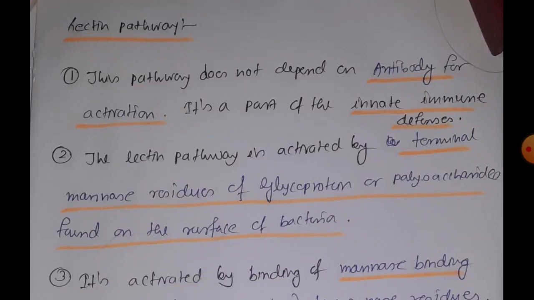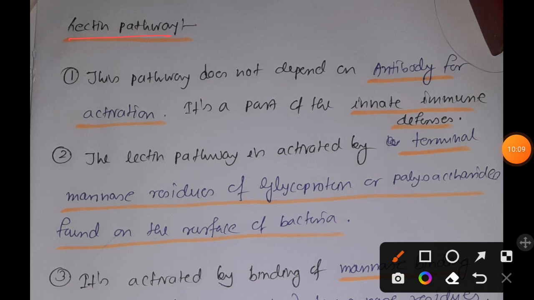Okay, so in this video, if I try to summarize the entire points, the lectin pathway is not activated by antibody. That is why here we are taking the lectin pathway as an example of innate immune response. Here lectin plays the role of the activator. Lectin will recognize terminal mannose residues present on the surface of the bacteria, so any bacteria having terminal mannose residues on its surface are at risk from the lectin pathway.